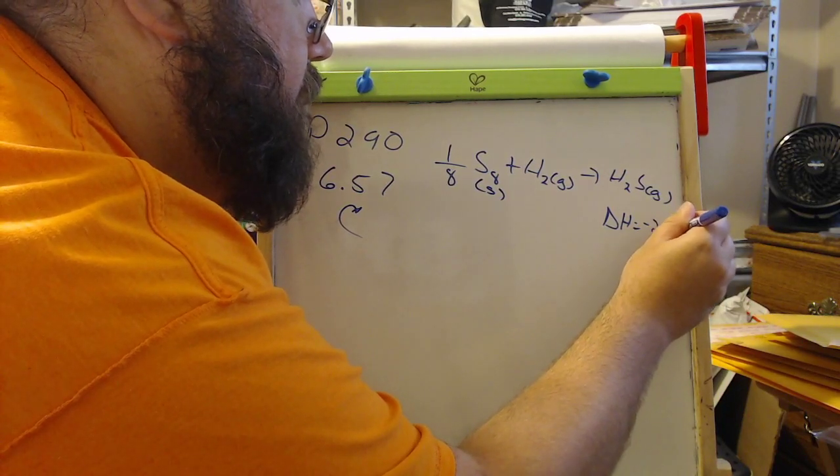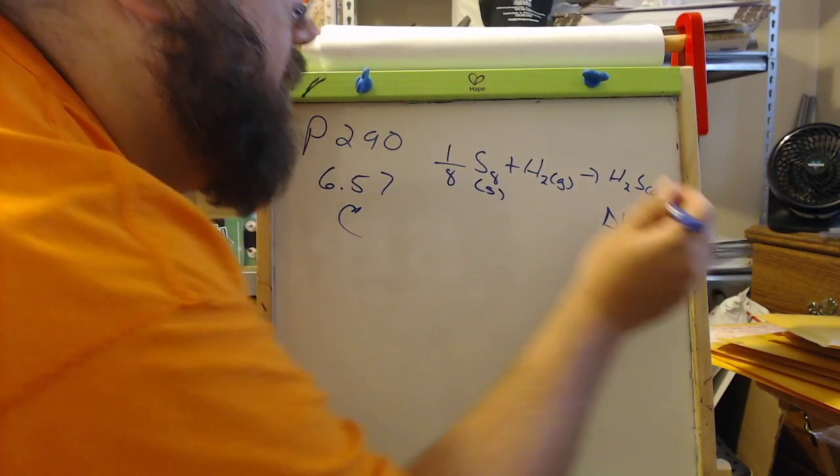Okay, so that's for the forward reaction, 20.2 kilojoules.